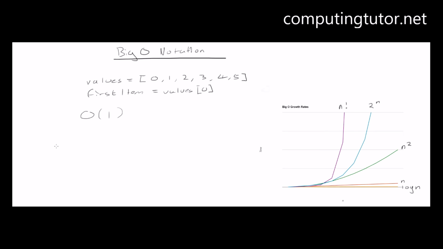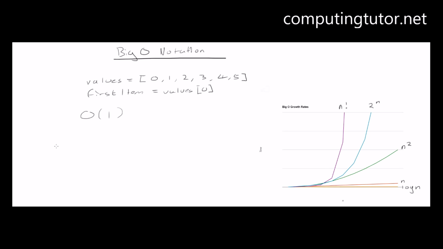It doesn't matter how big my list is. It's always going to just do one operation, which is looking at the first item and storing that as first item. So we're not actually changing the amount of time that it takes to execute the algorithm with the amount of data that I'm inputting into my algorithm.